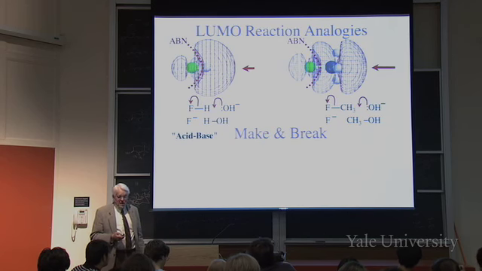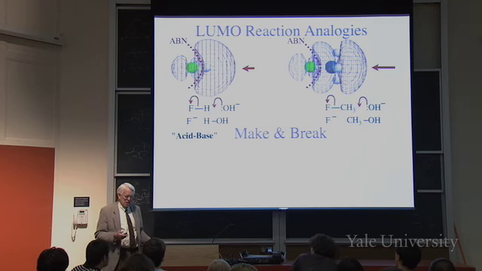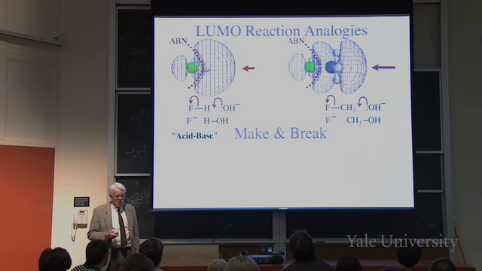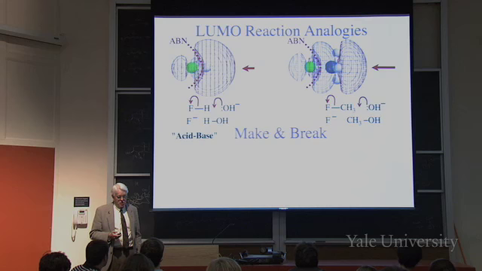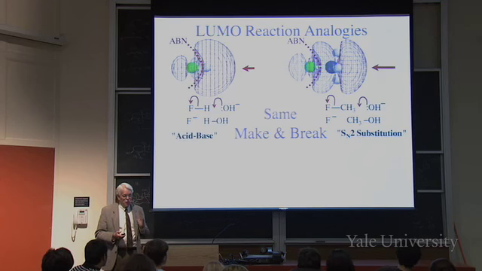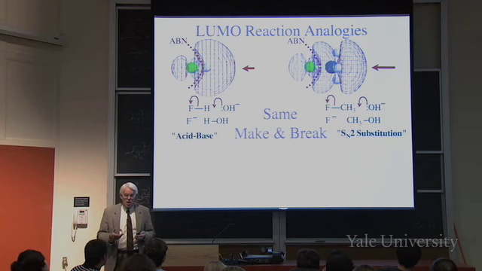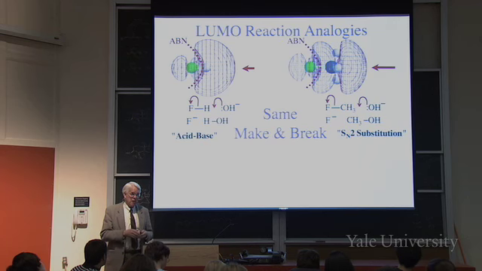And this reaction, which we'll study at the beginning of next semester, and we'll mention a little bit more as we go along this semester, but systematically we'll talk about it next semester, is called SN2 substitution. But notice, it's from the point of view of orbitals exactly the same make and break situation that you had with OH minus reacting with HF.